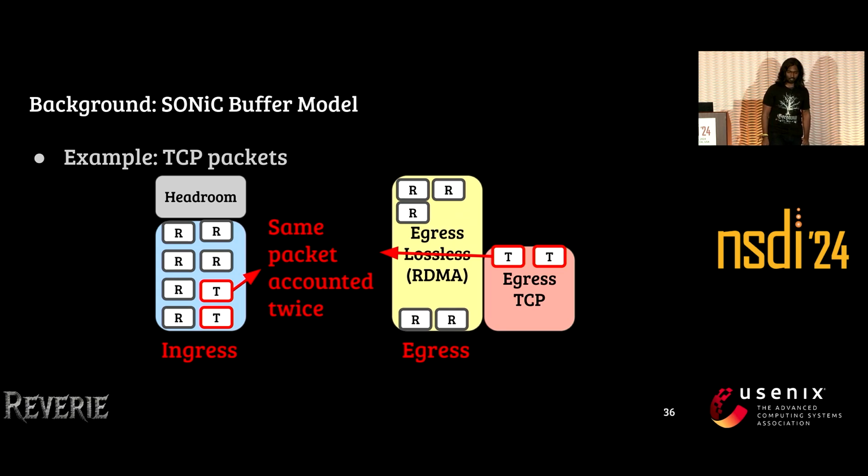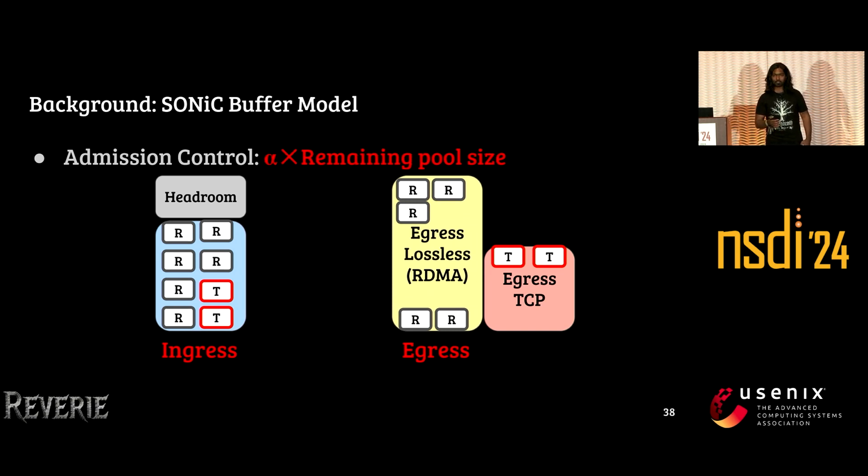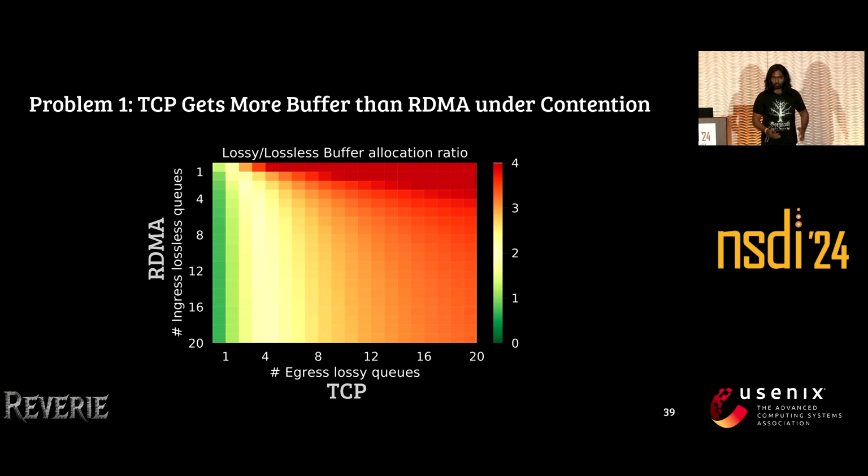The packet is accounted twice again. In each pool, the admission control implements dynamic thresholds, which is a well-known algorithm in the buffer sharing context. Dynamic thresholds is essentially a function of the remaining pool size, times a constant factor, which is configurable. Without going into much detail of SONiC, let me show you the interesting problems that arise in this architecture.